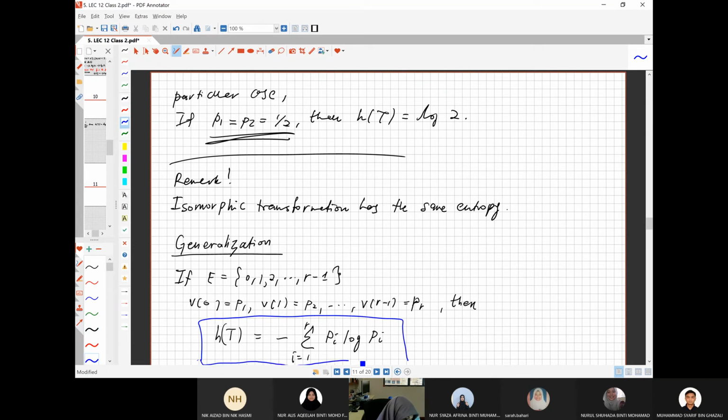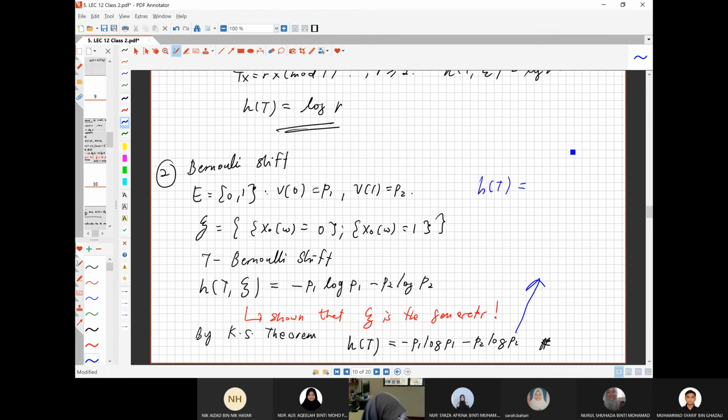Okay. Kalau this your T ni, since E runs from 0 until 1, 0 dengan 1 je, ada 2 elements. So actually in general form you can write your HT here as minus sum of i from 1 to 2, Pi log Pi. Sorry, not 0 to 1, it is 1 to 2.